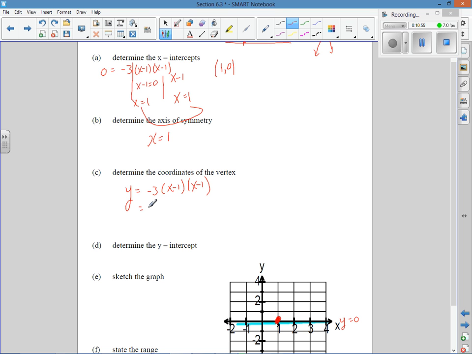And perhaps you figured out now that you don't need to put it back in to know what the vertex is going to be. 1 minus 1 is 0. This is all being multiplied, so the answer is going to work out to be 0. Negative 3 times 0 is 0.